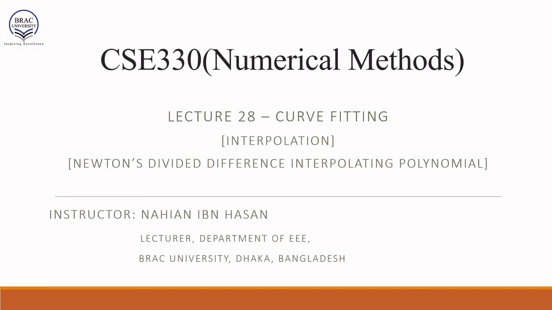But in the interpolation method, that fitted line needs to go through all of the data points in your space. So that's the difference: in interpolation, the fitted line goes through all the data points, but in regression the fitted line does not go through all the data points.